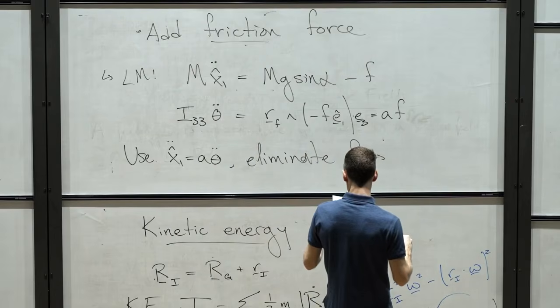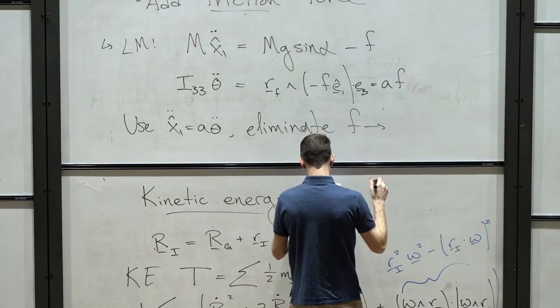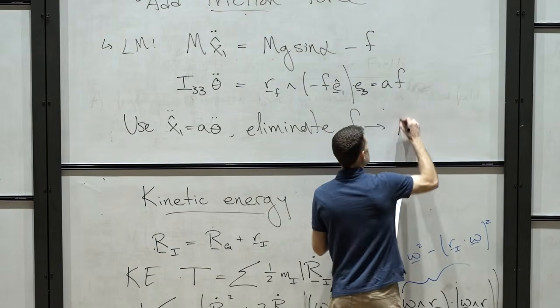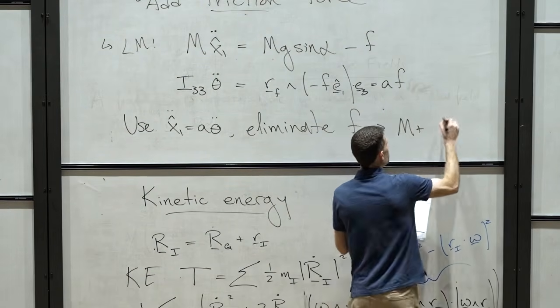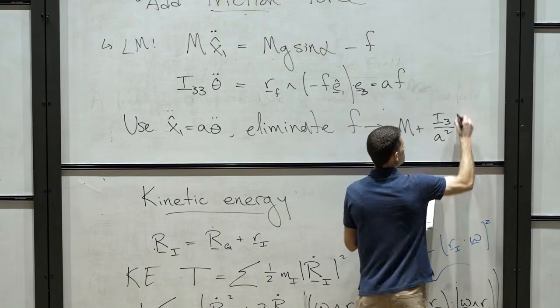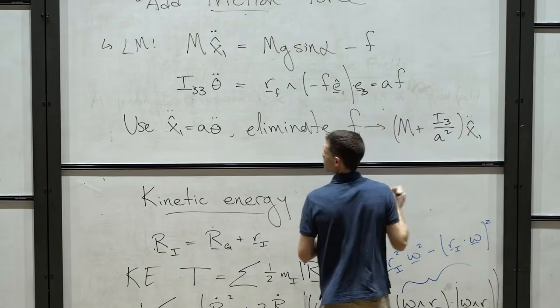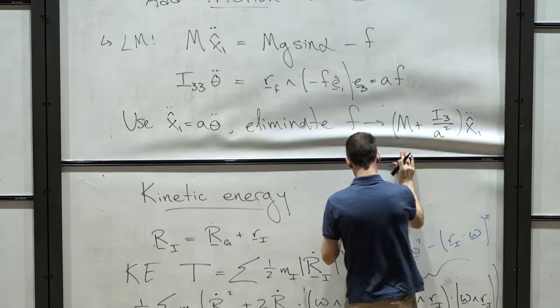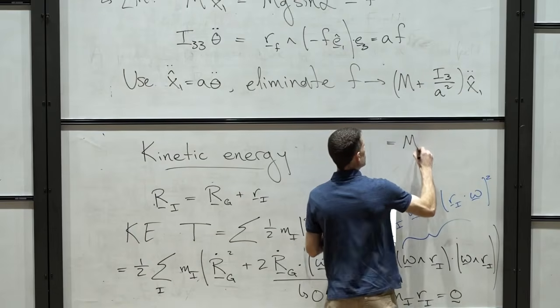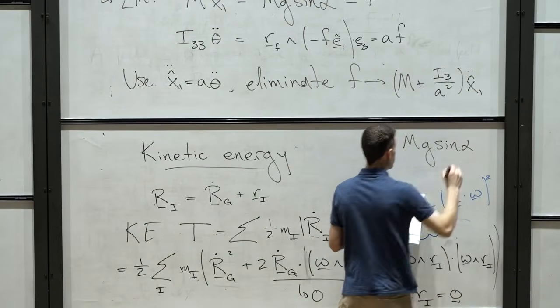I'm going to write it in terms of x, but you can do it either way, which comes out as m plus I3 over a squared, times x1 hat dot dot, equals mg sine alpha.